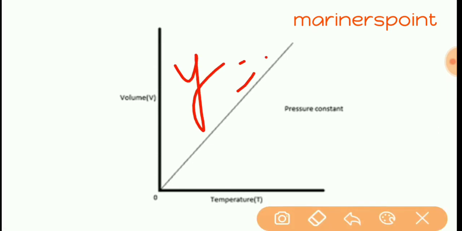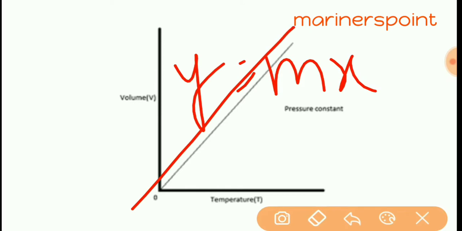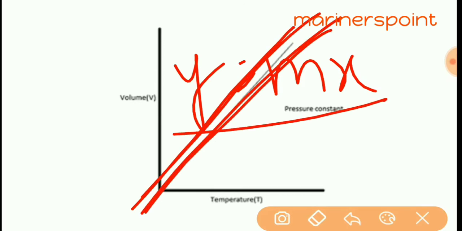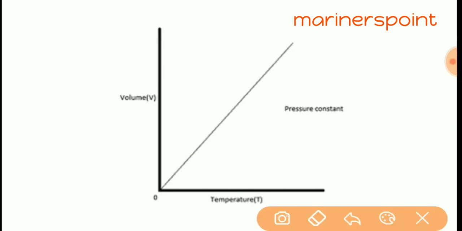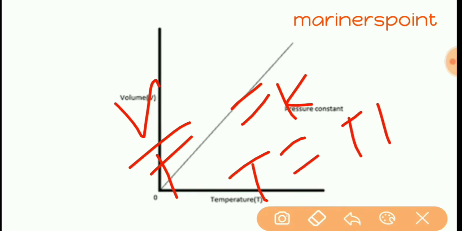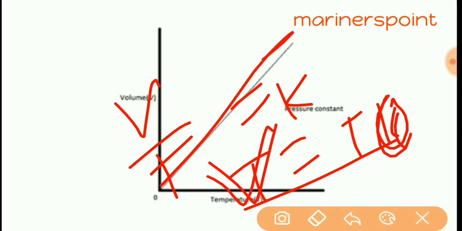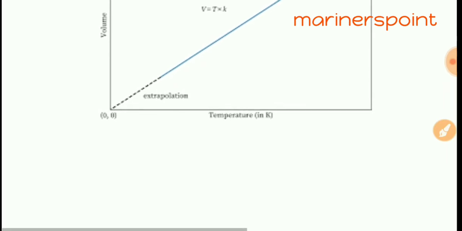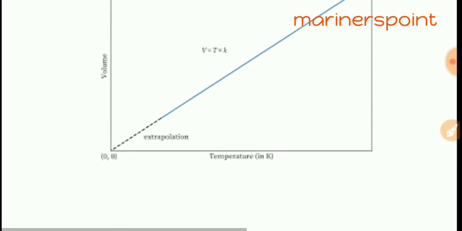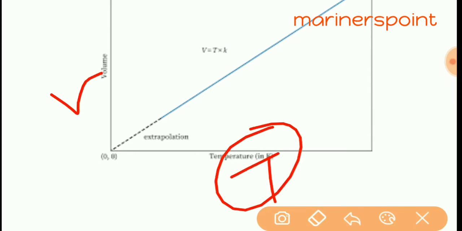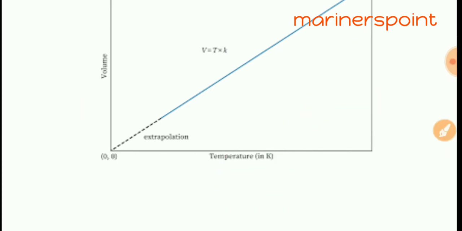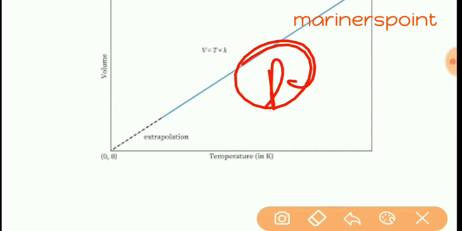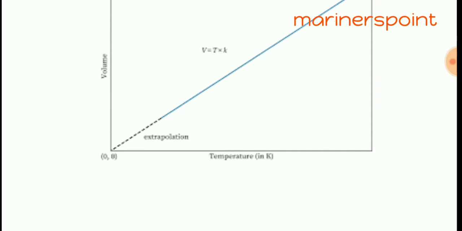This is like y equal to mx, and we know that the graph of y equal to mx is simple, passing through the origin. Similarly V by T is constant, V equal to kT, where k is constant like m, so we will get a simple straight line graph. This is the V and T relation in which pressure is constant. It is always the graph of Charles' law with pressure constant.